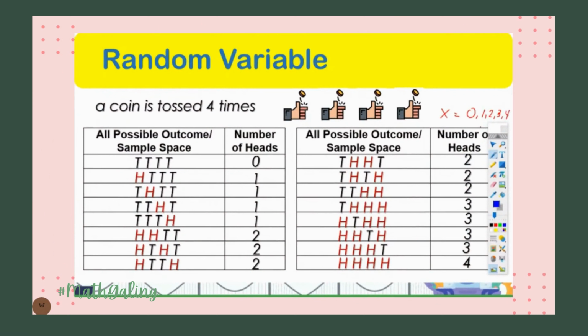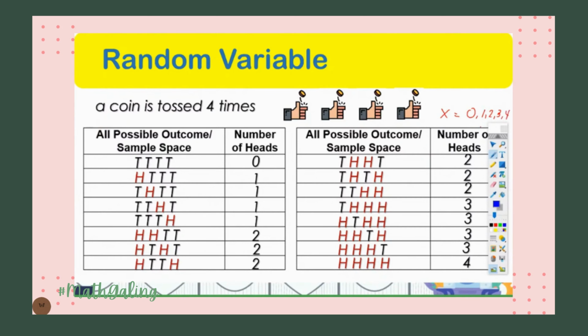Last time, we had an experiment of tossing a coin 4 times, in which these are the possible results. Out of these results, we identify the random variable x, which is the number of times the head appears. In our first sample space, there is no head, so 0. In the second to fifth samples, we have 1 head per sample.